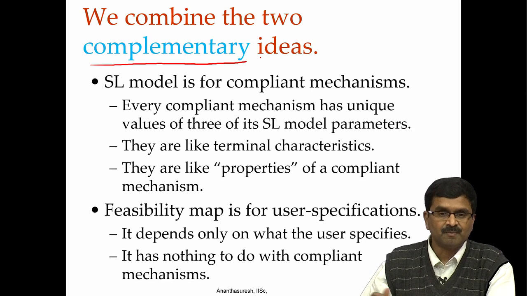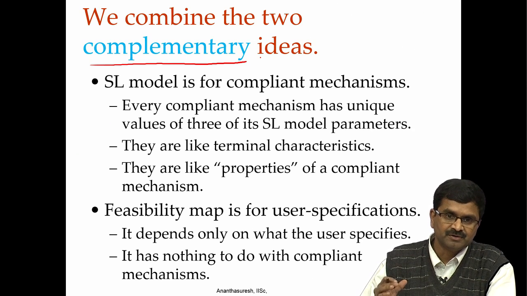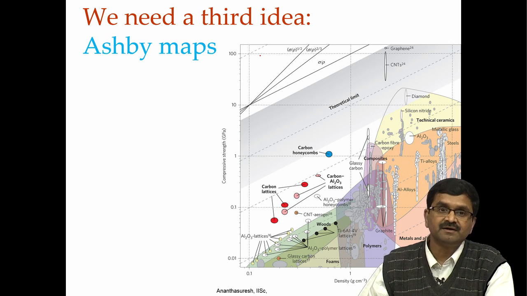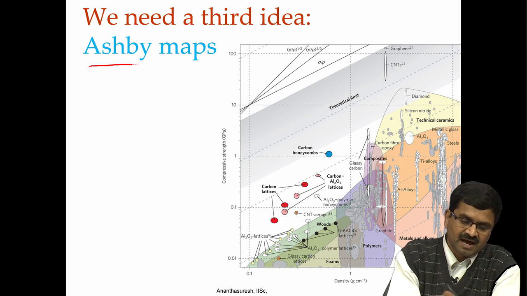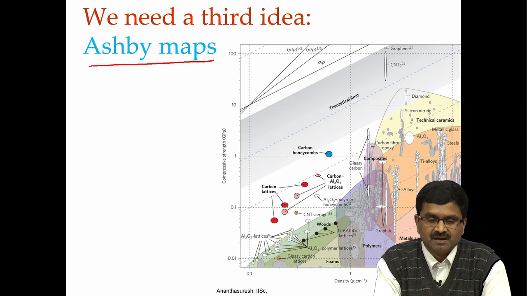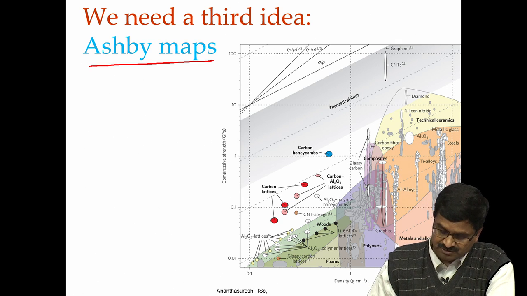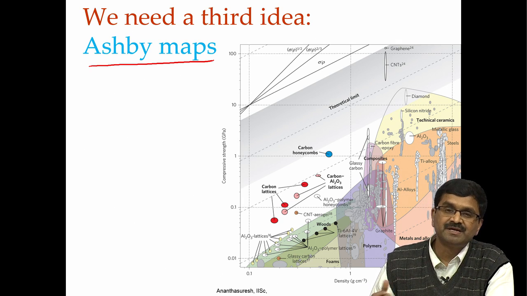Now, these two complementary ideas we put together into one idea. Before we do that, we need a third idea, and that is called Ashby maps. So, this is Michael Ashby at University of Cambridge, who has developed this for material selection.